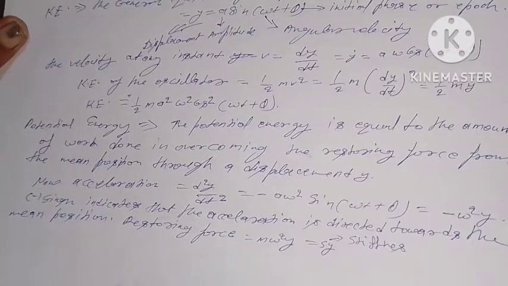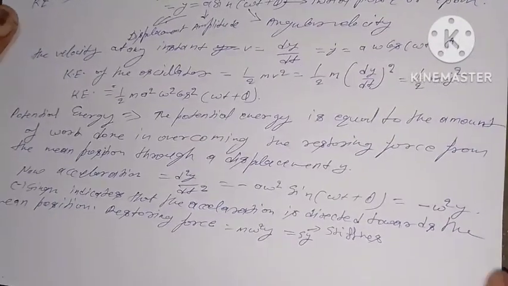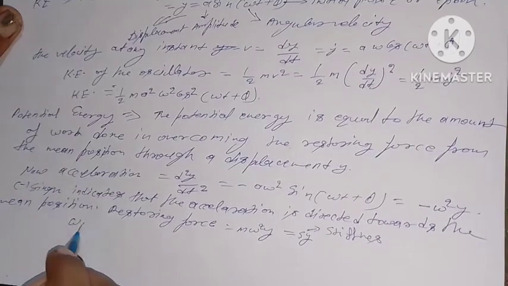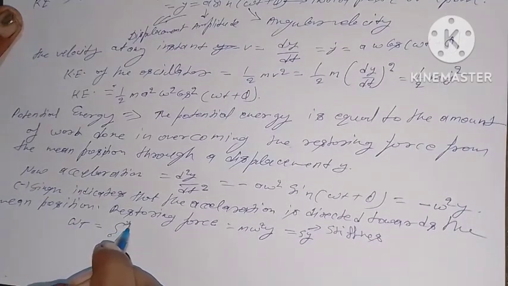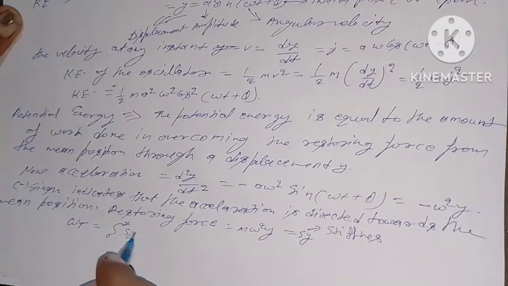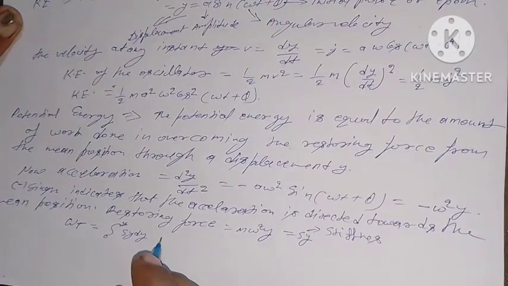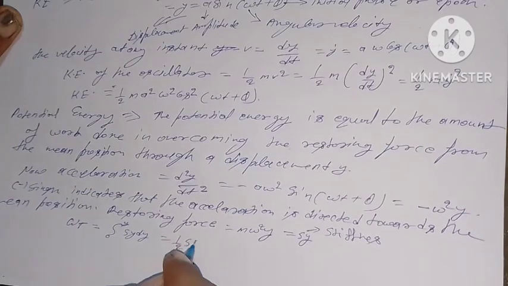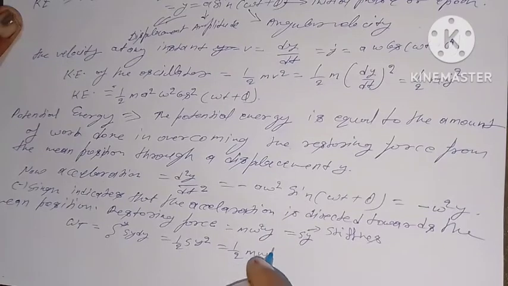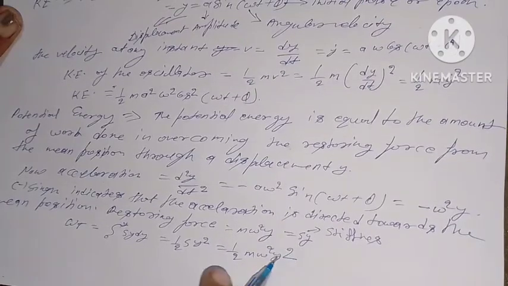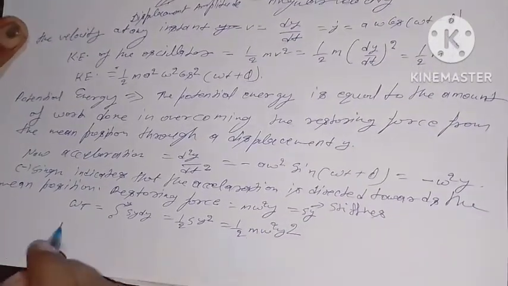Hence total work done by the force through a displacement y, total work W equal to the integral from 0 to y of S y dy, that is 1 upon 2 S y square, that is 1 upon 2 m omega square y square.